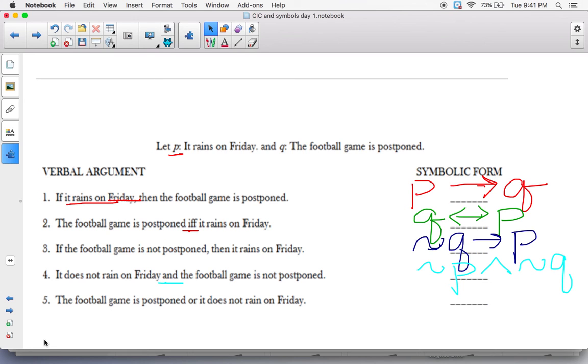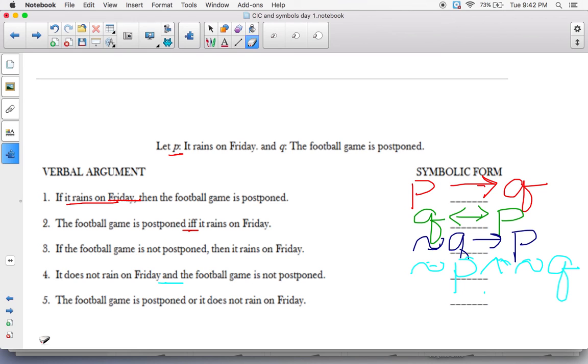I'm sorry, I was right the first time. Please, I apologize. Let's try that again. It's squiggly P and squiggly Q. All right. Please put a question mark next to that one so I can explain it again in class.